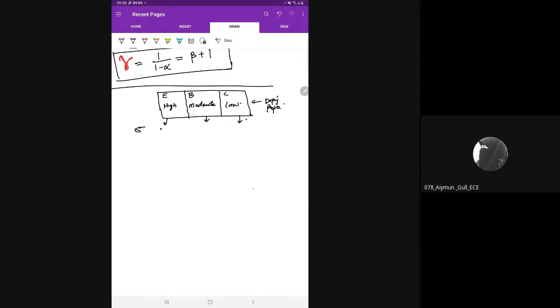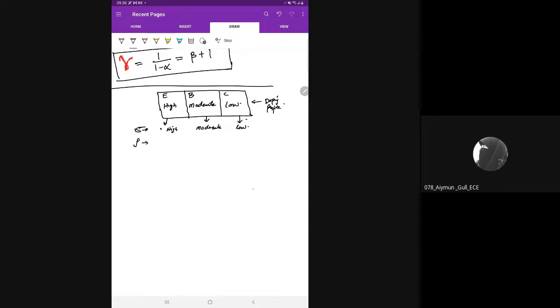High doping means a higher number of charges, and it means higher conductivity. So the conductivity of the emitter is high, the conductivity of the base is moderate, and the conductivity of the collector is low.